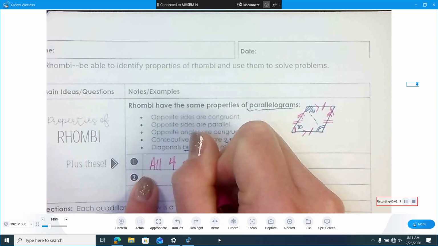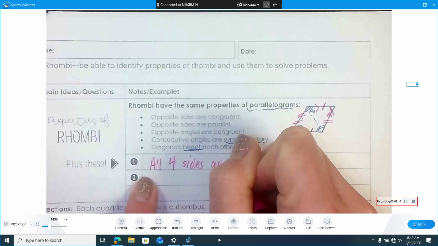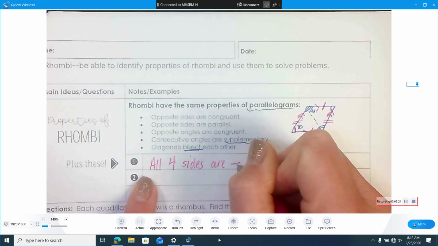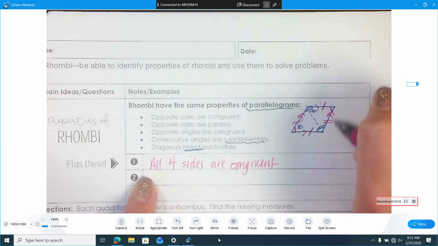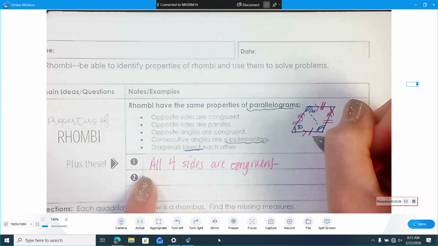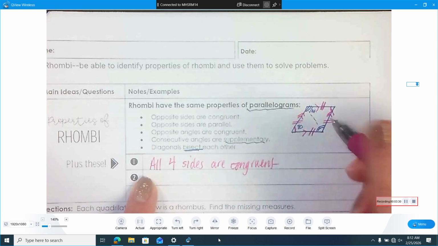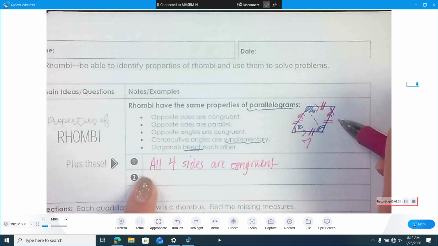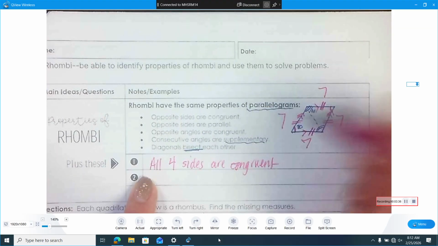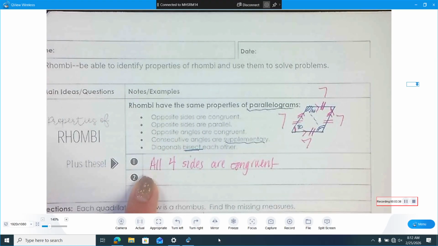All four sides happen to be the same. So if this side is 7, what's this side over here? 7, 7, 7. All four sides are the same length. So that's good to know.